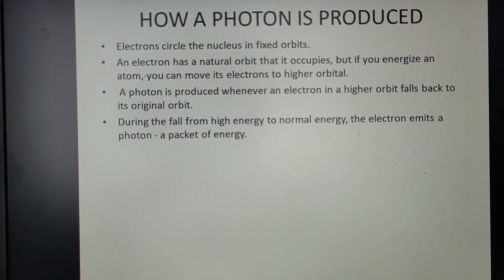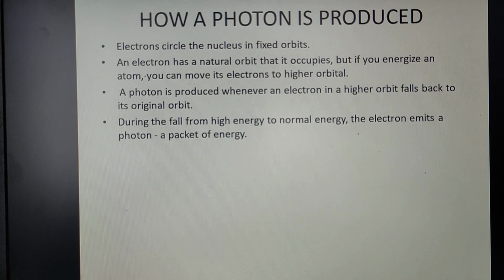However, if this energy gets reduced after they have jumped to the next level, the energy decreases in that electron and it tends to fall back to its original level. So a photon is produced whenever an electron of a higher orbit falls back to its original orbit. It has already obtained extra energy due to the external energy provided to the atom. It jumps to the higher energy level.